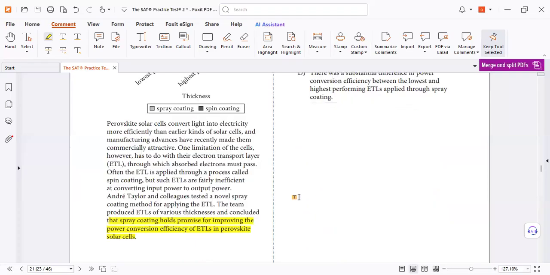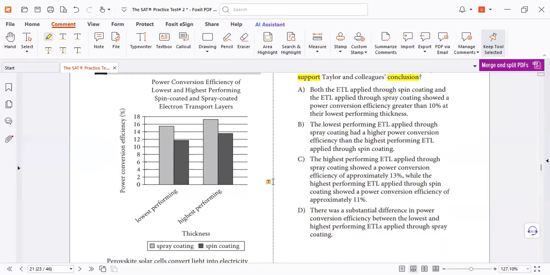Let me help you. The claim says spray cotton holds promise for improving, so it must be higher. So the lowest performing of ATL applied through coating had a higher power than the original.